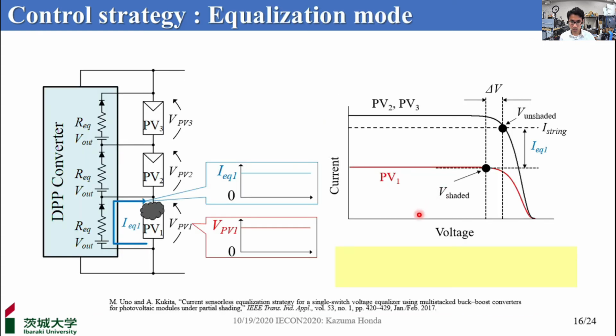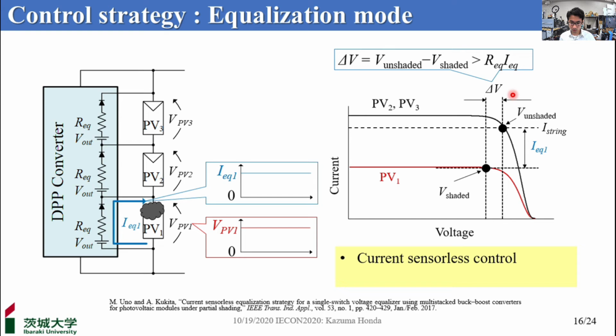In this mode, since the DPP converter needs to be properly controlled so that no current flows toward the unshaded substrings, the current sensorless delta V control strategy is applied to the proposed DPP converter. With the delta V control strategy, in order to provide equalization current to shaded substrings only, the DPP converter operates to regulate the voltage difference between shaded and unshaded substrings.